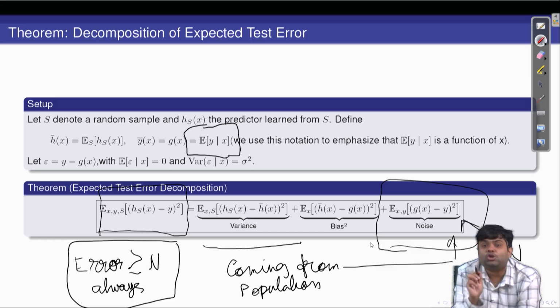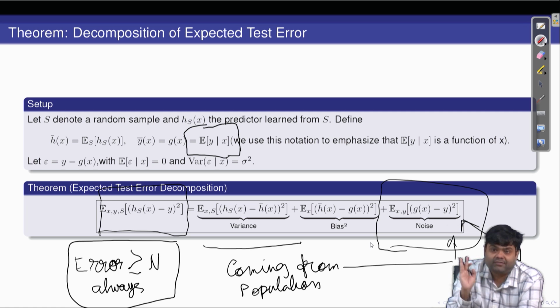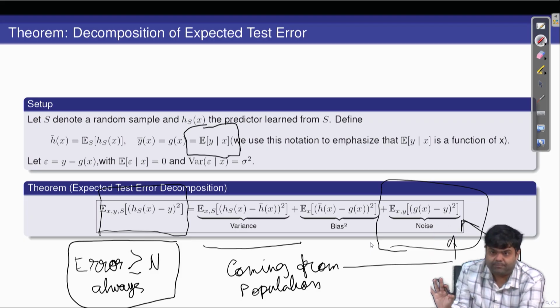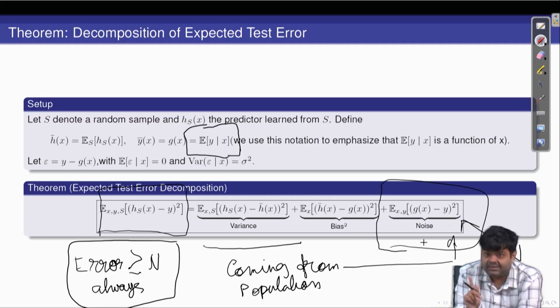So, you cannot do better than the inherent variability within the population. So, for all algorithms, the average prediction error taken over the whole population as well as all possible samples will always be greater than or equal to noise. But other than the noise, there are only these two things.